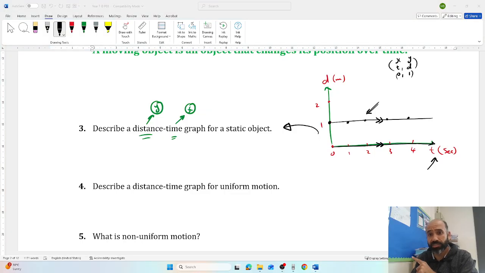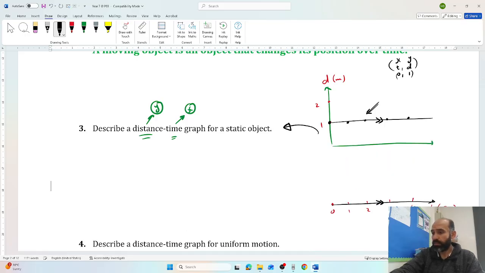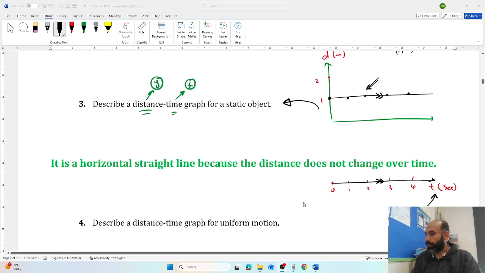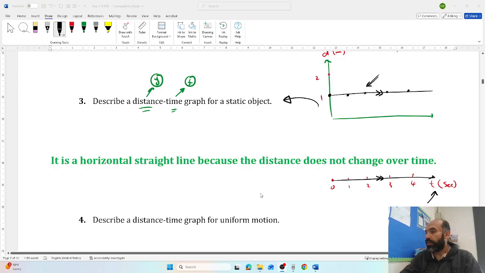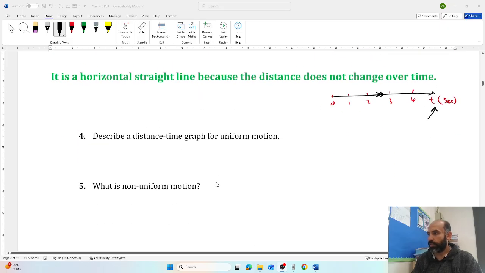By the way, you can just draw the graph and then you can describe it like this. You can see it. Describe the distance time graph for a static object. It is a horizontal straight line because the distance doesn't change over time. Because as time passes, the distance will not change.